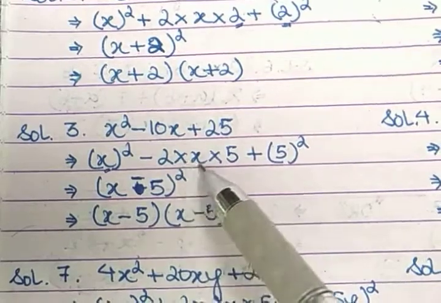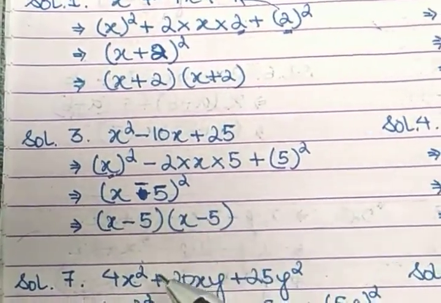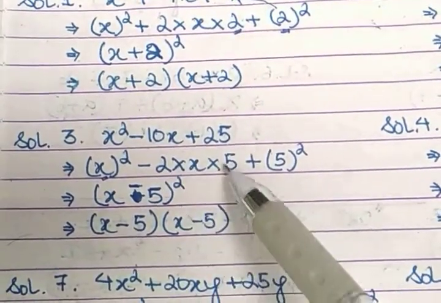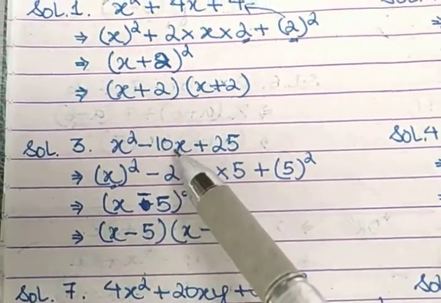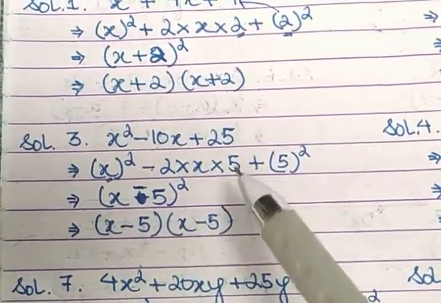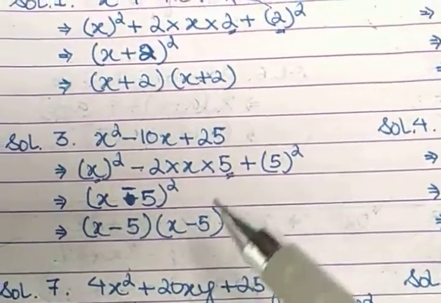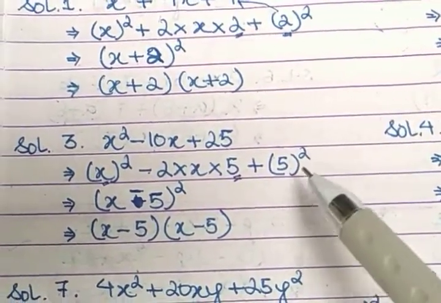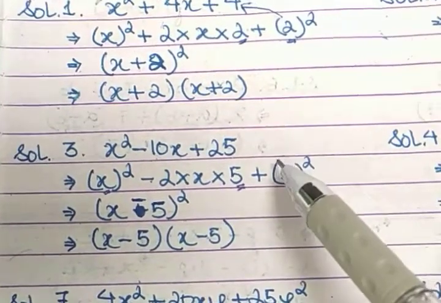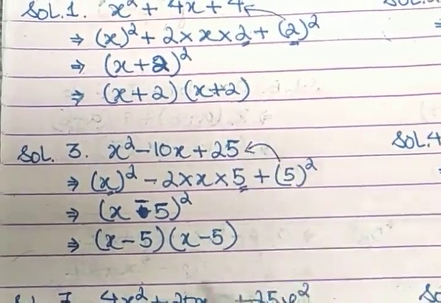Now what should I multiply with 2x to get 10x? The answer is 5. 2x into 5 will give us 10x, and the sign is also minus. Now what is the value of b I got in this one? 5, so plus 5 square.